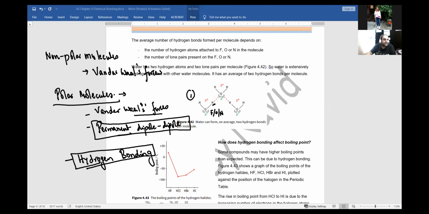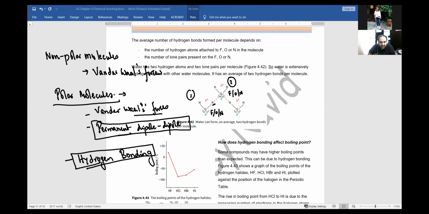And the second molecule? The second molecule has to have a fluorine or oxygen or nitrogen with a lone pair of electrons.